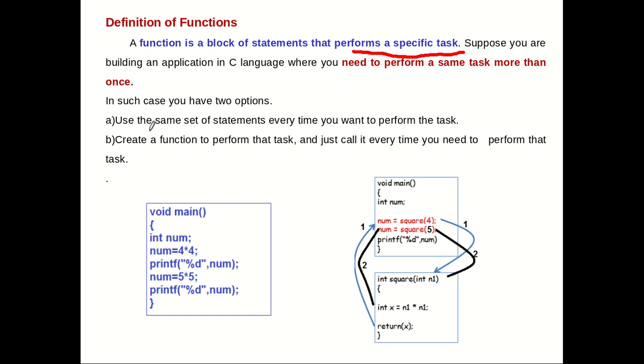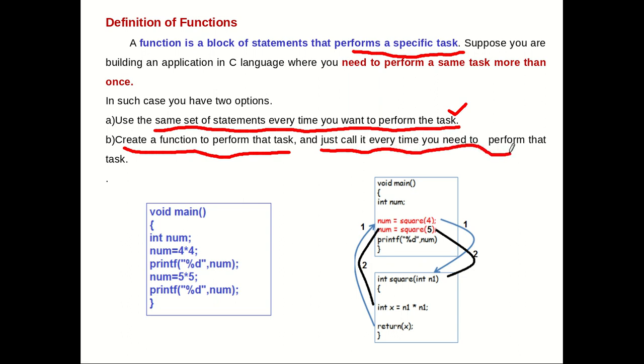The first way is to use the same set of statements every time, instead of using a function. The other way is to create a function to perform the task, and just use a function call to execute that task.